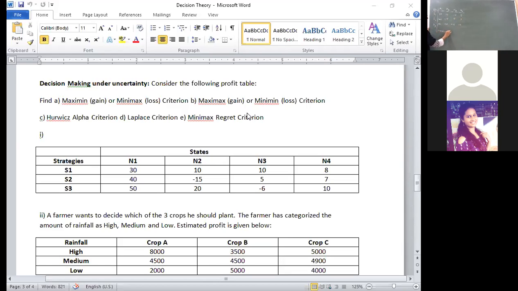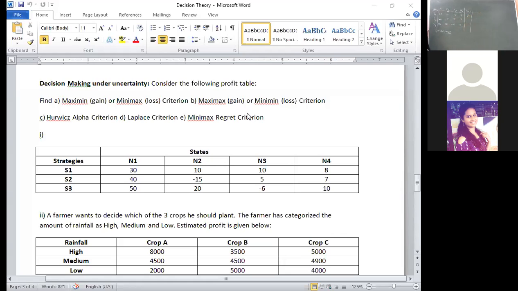Maximin. Okay, it is a combination of two words. The second word is min. Here write down minimum. In first row, strategy S1, among all these four values, you have to choose the minimum. 30, 10, 10, 8. Minimum is how much? 8.